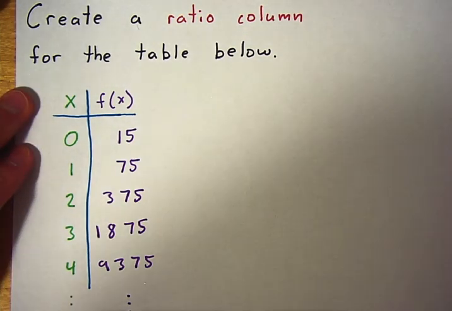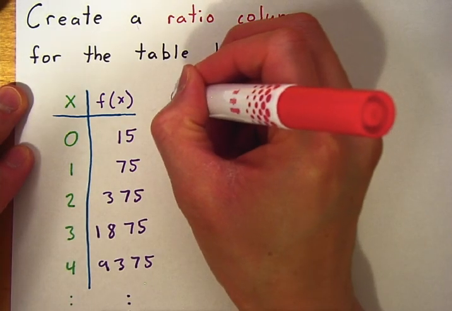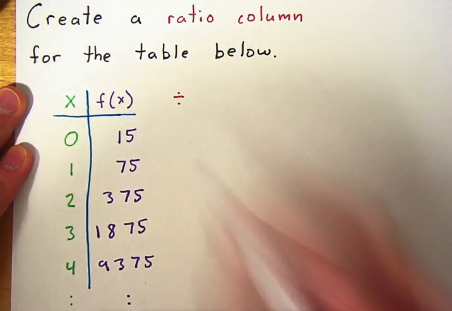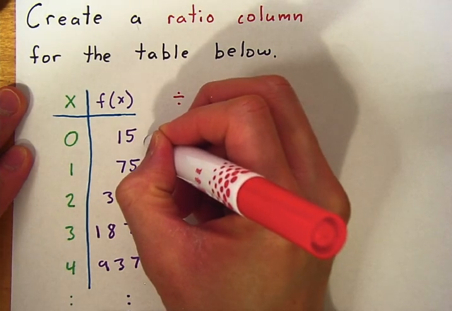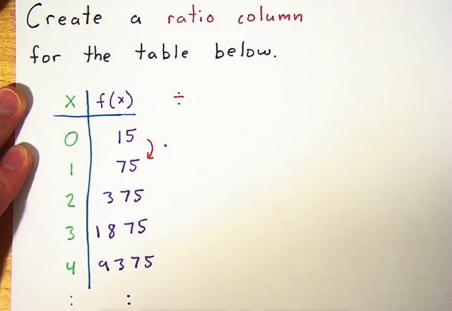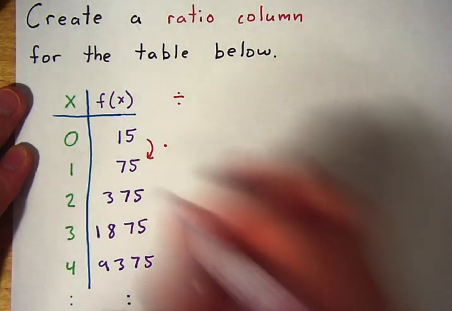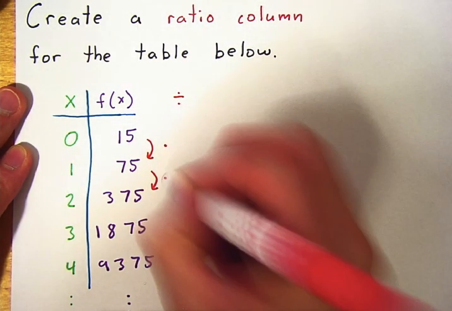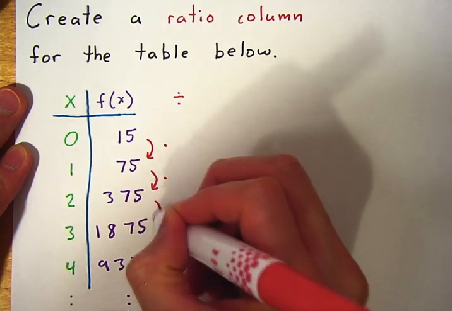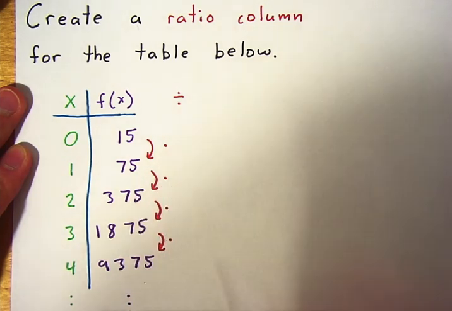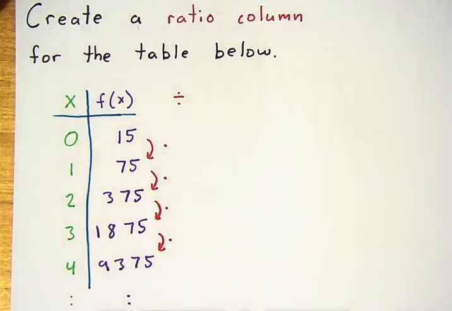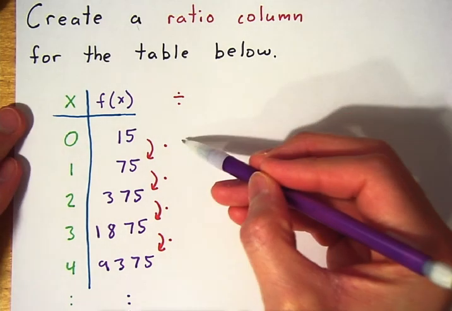So once again, I am just figuring out 15 multiplied by what will get you 75. 75 multiplied by what gets you 375, etc. Now, here, if you could just do it in your head, perfect. That's perfectly fine. But let's say, for example, you can't actually do this in your head.